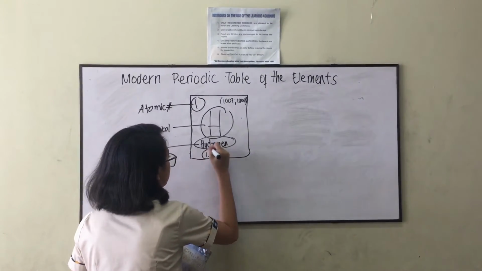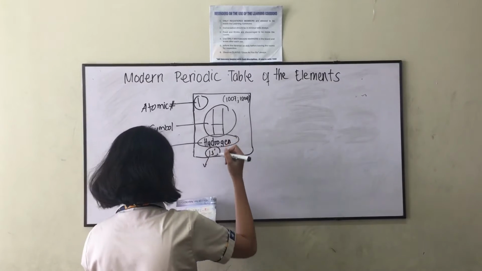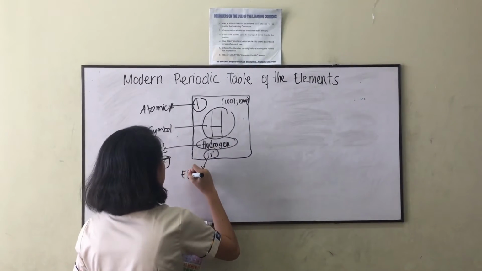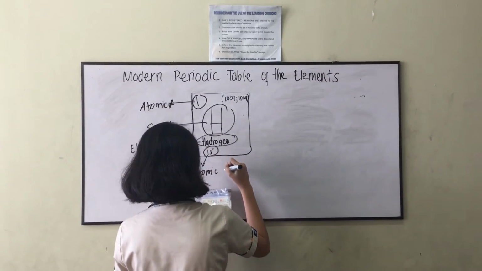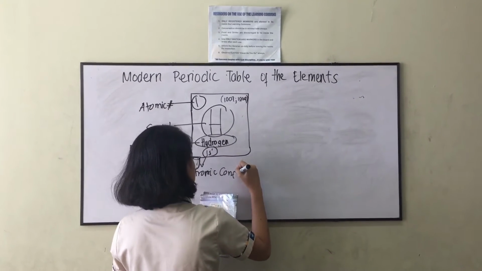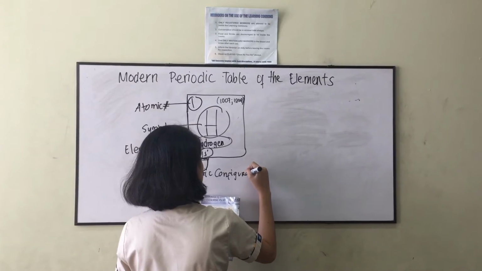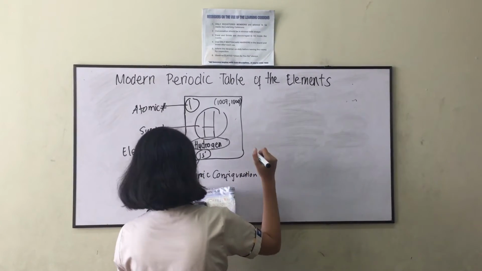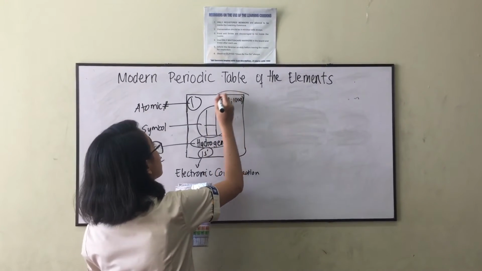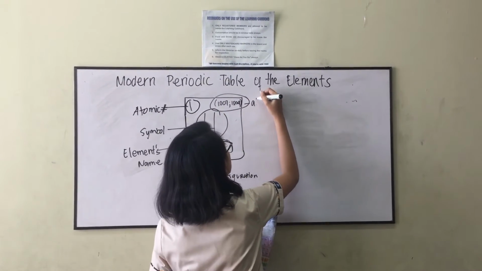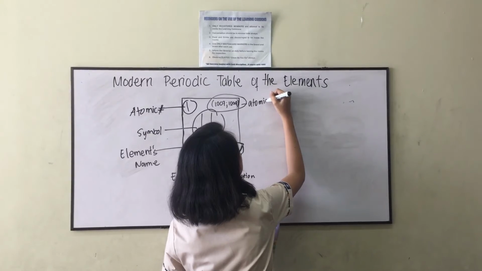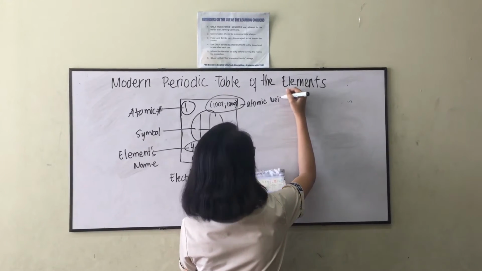And this is the electronic configuration. And lastly, on the upper right side, this is the atomic weight.